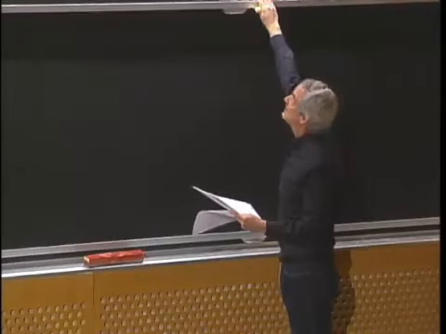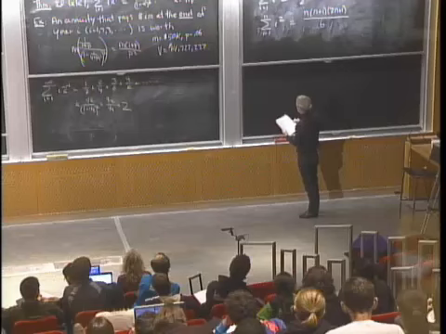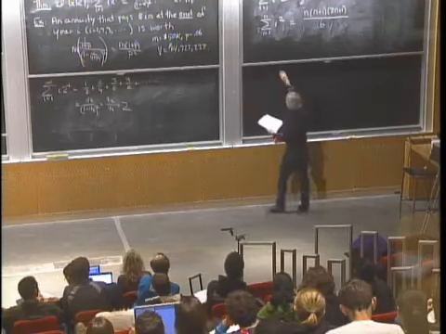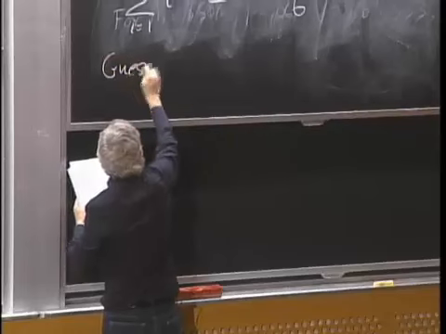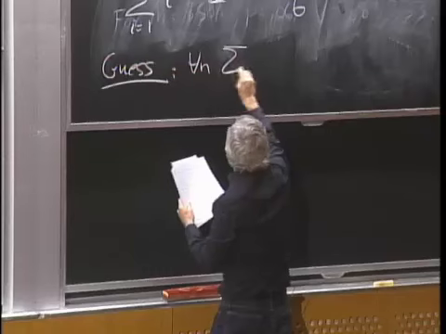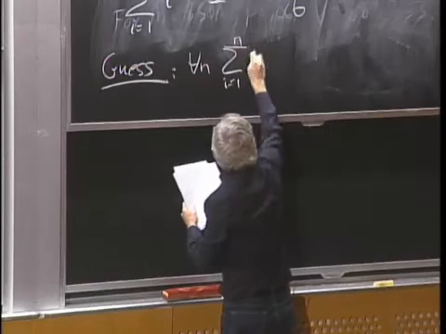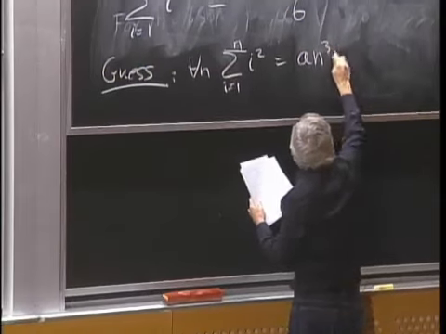A common method of solving these sums is you sort of guess the form of the solution. In this case, you might guess that for all n, the sum i equals 1 to n of i squared equals a cubic.